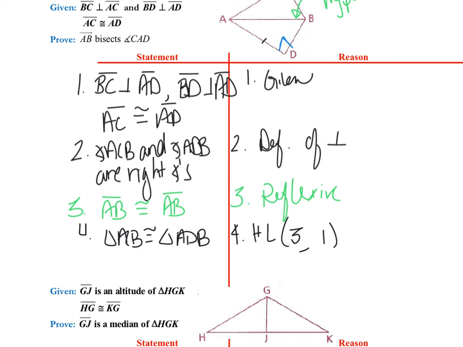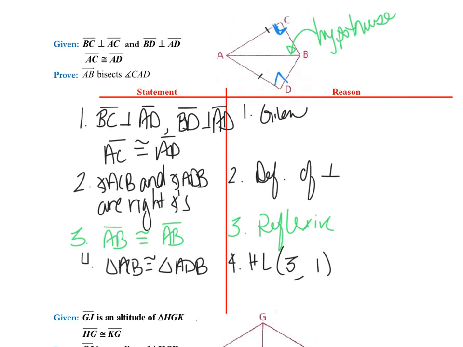Well, now that we know the triangles are congruent, remember that our whole goal was to prove that CAD was bisected. In order to do that, we needed to prove that angle CAB was congruent to angle DAB.